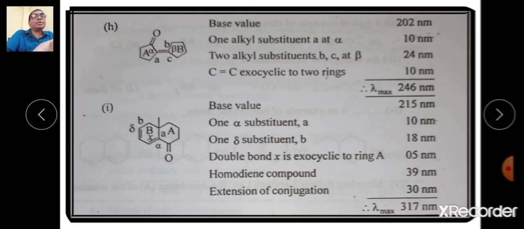And therefore add 18 for the delta substitution. Double bond X, this is the X double bond, which is exocyclic to ring A, and therefore add 5 nanometer. Now for the homodiene component, this is the homodiene component, add 39 nanometer.